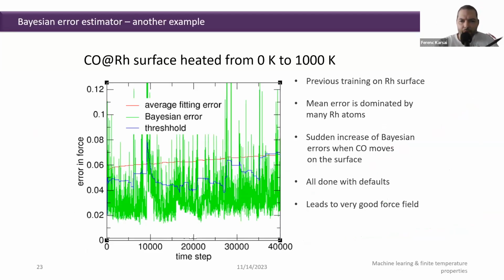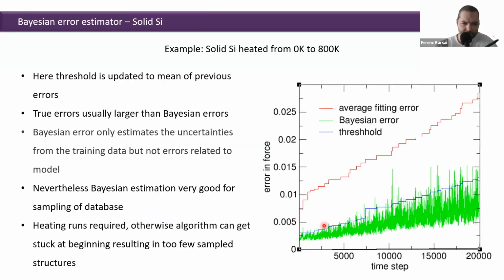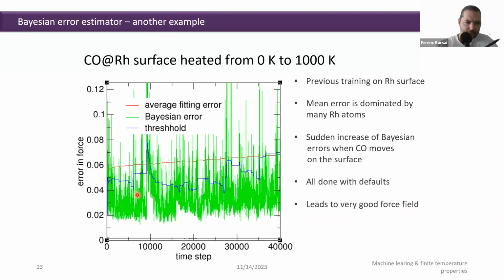If one looks at the thresholds here, you would see that it really behaves differently than the previous calculations. I show you the previous calculations here. The thresholds more or less go up stepwise all the time. Here they can go up and down and even have a maximum at 1/4 of the calculation.